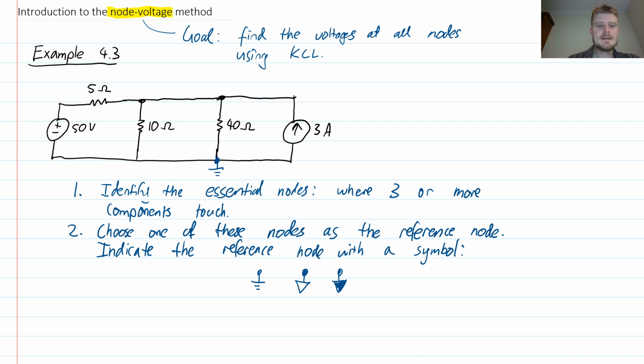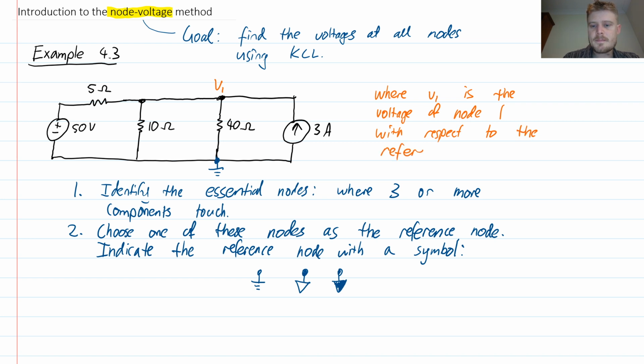Having done that, we then give names to the voltages of the other nodes. In particular, I'm going to write here V1 to be the voltage of node 1. The implication is that V1 is the voltage of node 1 with respect to the reference. Remember, voltage is always measured between 2 points.